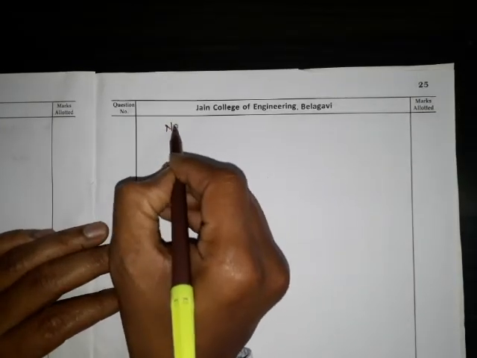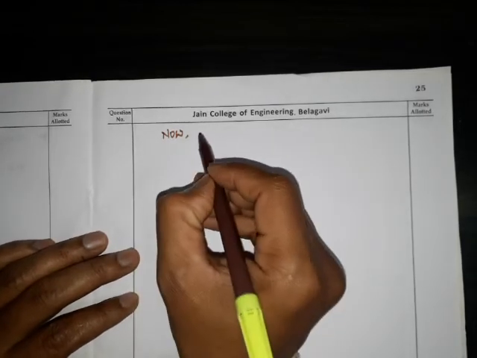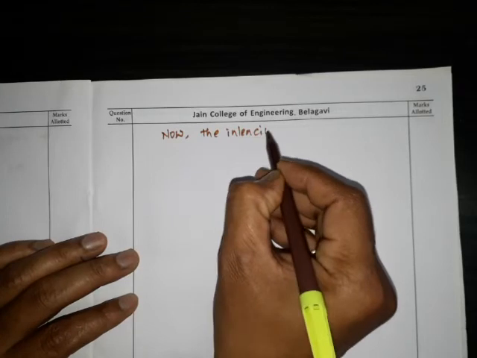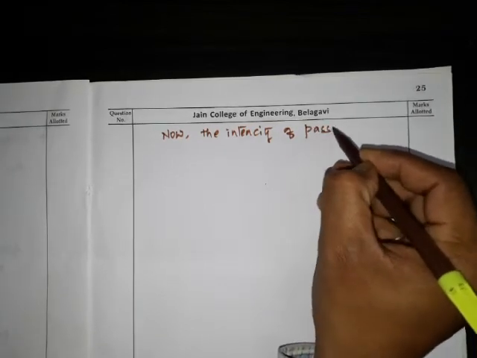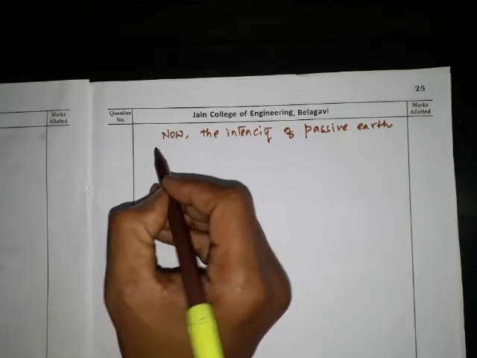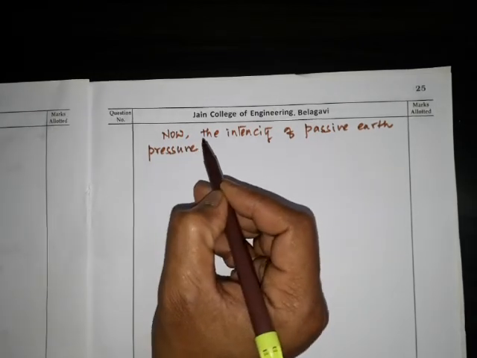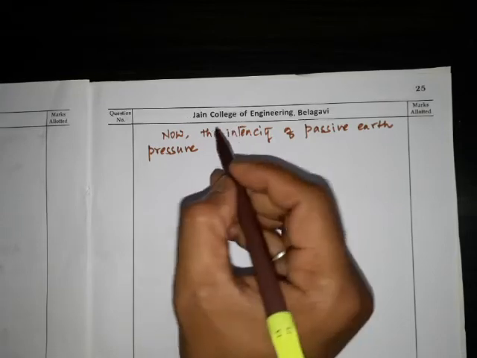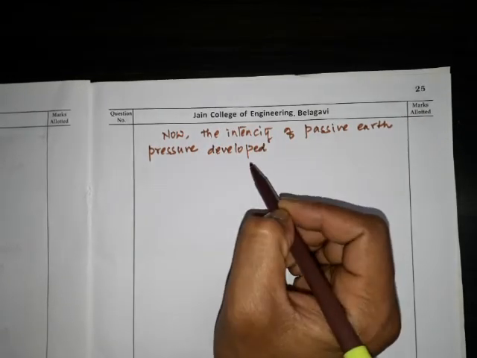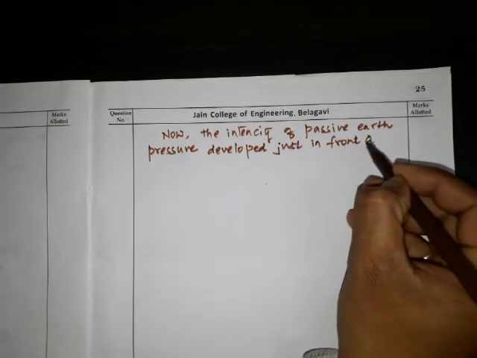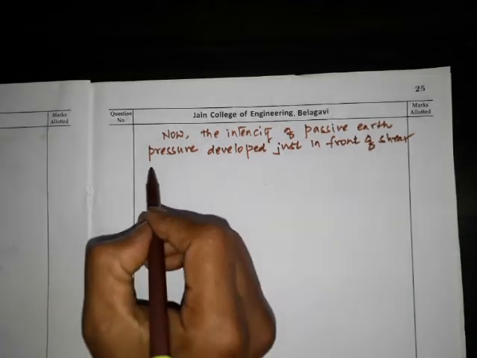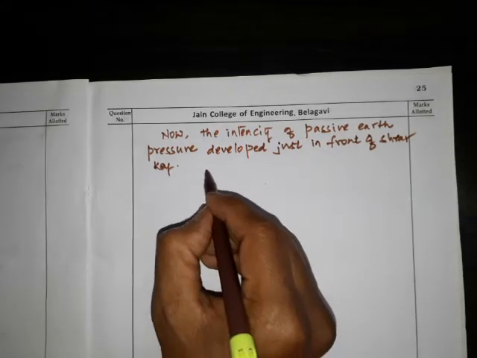So now the intensity of passive earth pressure developed just in front of the shear key, that is Pp, passive earth pressure.